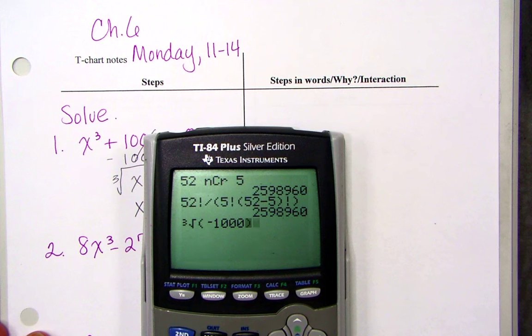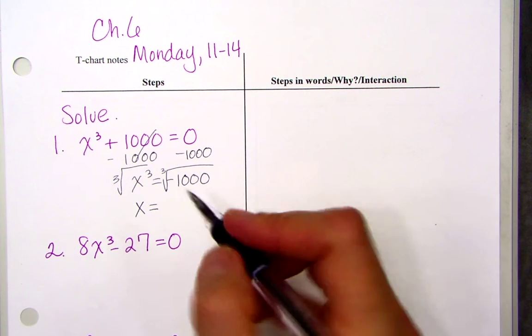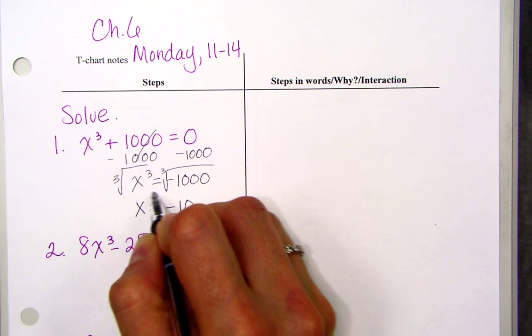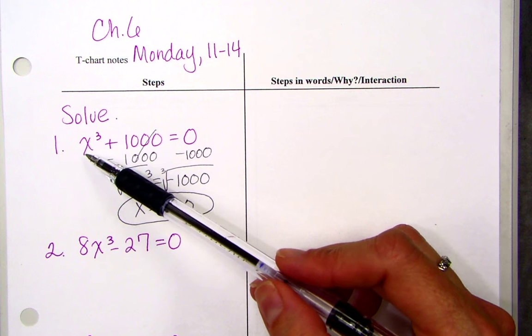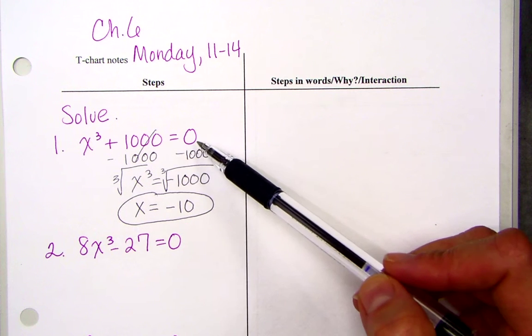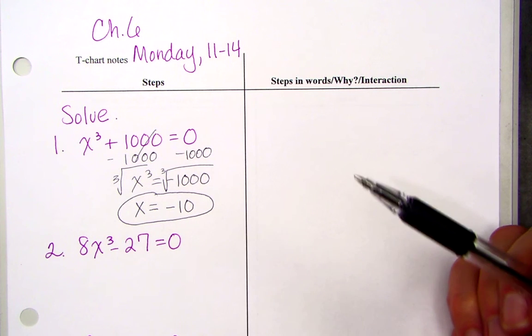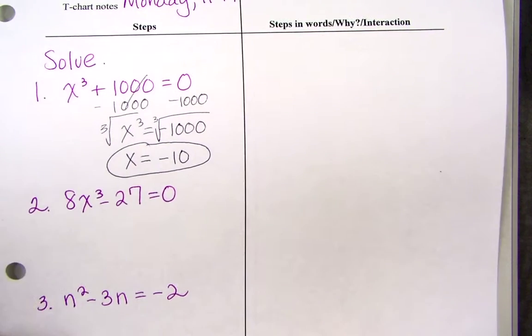Now you might think we're not going to get an answer here because we can't square root negatives, but you can cube root negatives. So we do get an answer of negative 10. So the answer to this problem is just negative 10. Okay. Another idea is, we could graph this function and see where it crosses the x-axis. That would be another way to check your answer.